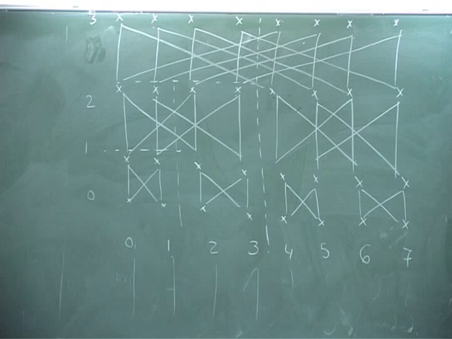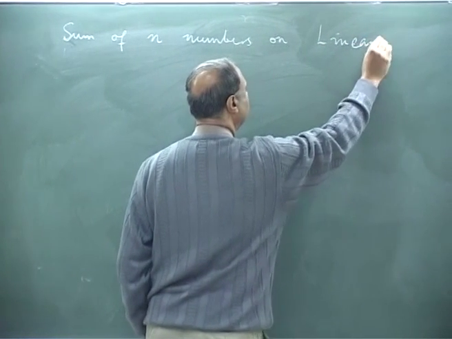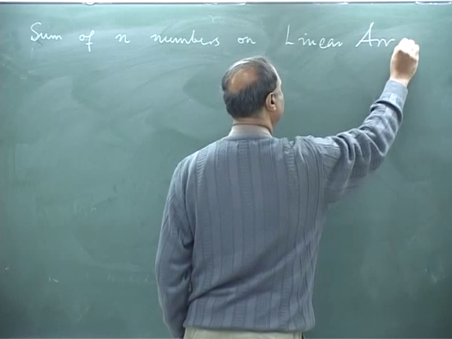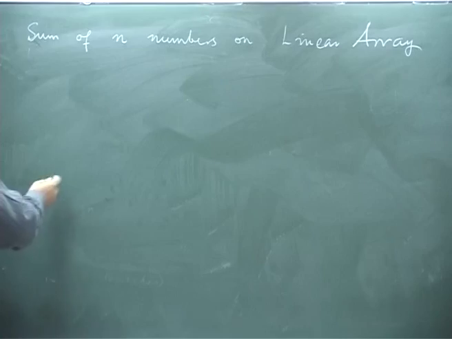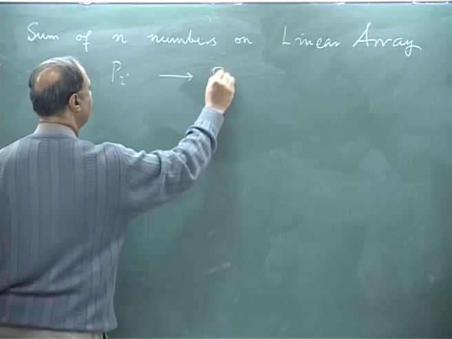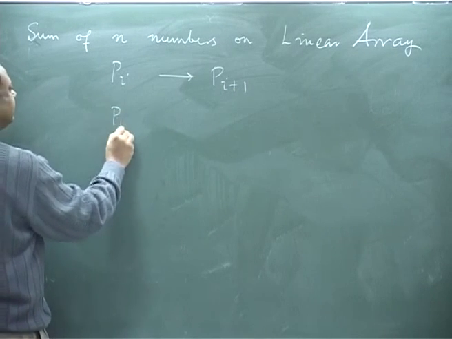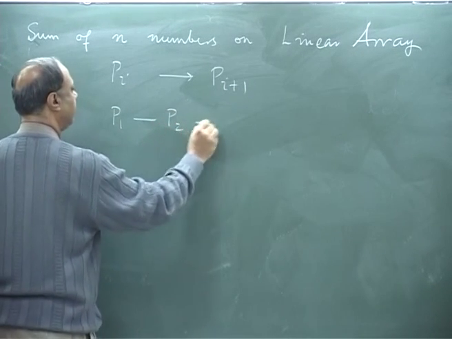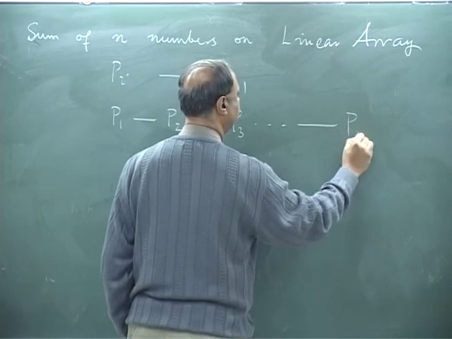Now let us have the sum of n numbers problem on a linear array. There is a very simple structure you have. Pi is connected with Pi plus 1, provided it exists. And the structure is P1, P2, Pn.